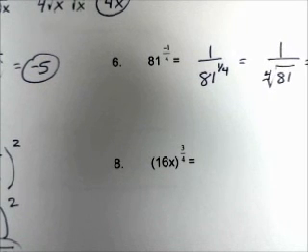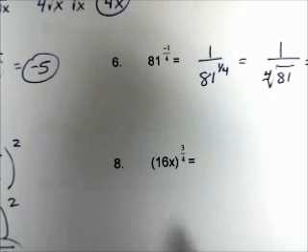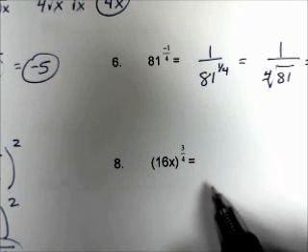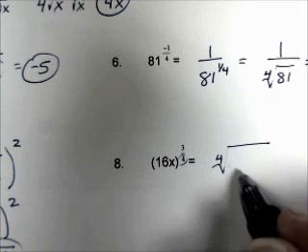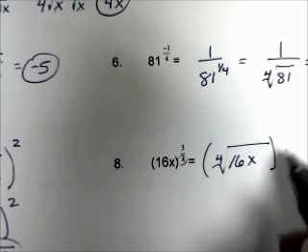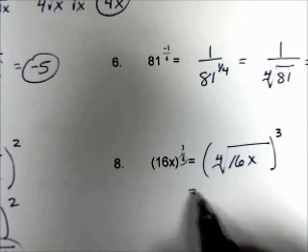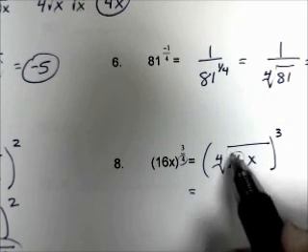16, or sorry, number 8. We have 16x raised to the 3/4. This is our root. So this is the 4th root of 16x, and then that result we will raise to the 3rd power. This is a perfect root.